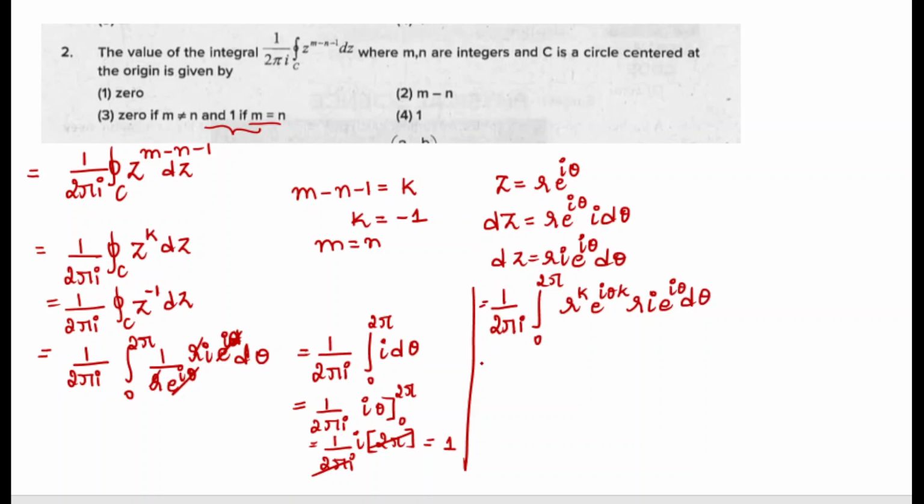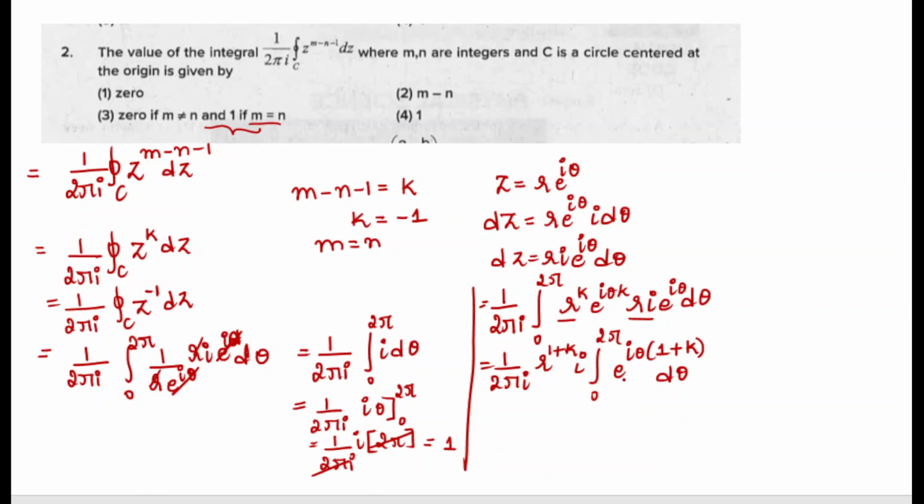On solving, 1 divided by 2 pi i, this term I can take outside the integration, so it will be r to the power of 1 plus k into i, integration from 0 to 2 pi of e to the power of i theta into 1 plus k, into d theta.